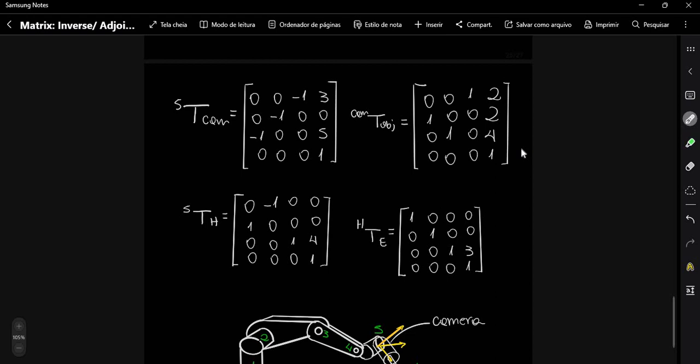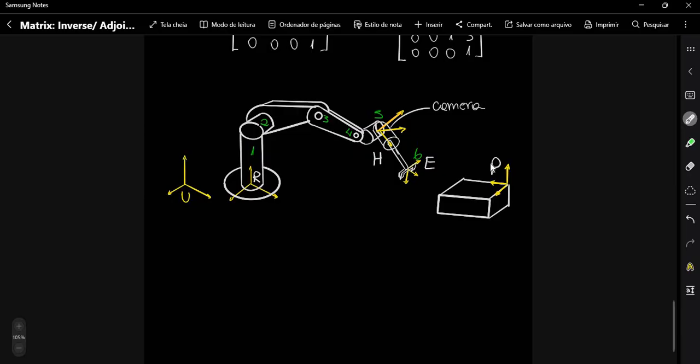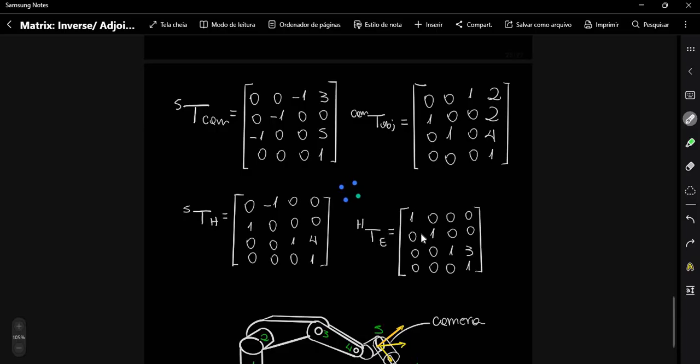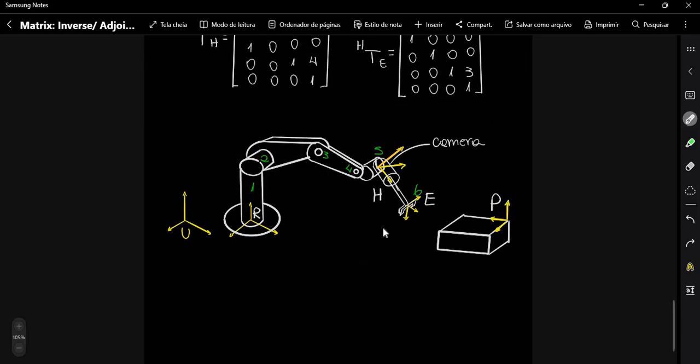And those are not the only transformations that we can obtain just by interpreting this task of a camera observing this object. We can write others, and right now it is kind of tricky.